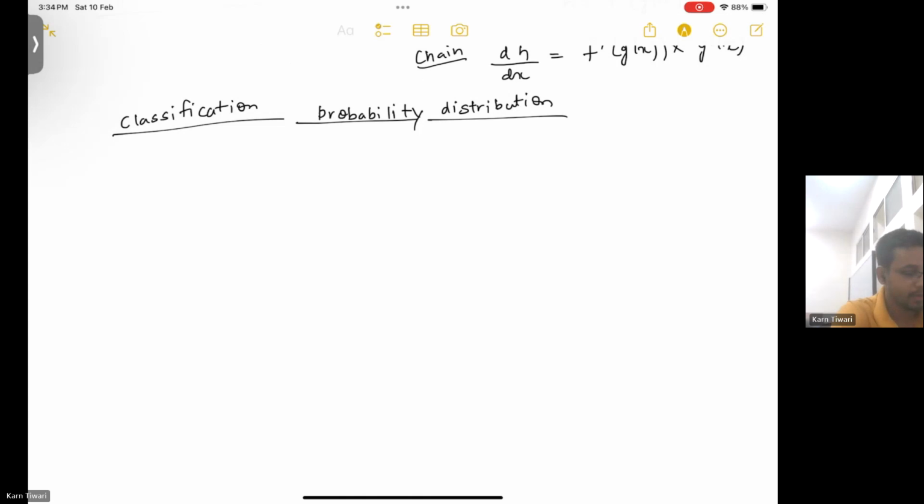Okay. So with the probability distribution over the classes, as I mentioned, it should be positive, between 0 to 1, and the sum across all of them should be 1. This is what a normal probability is.